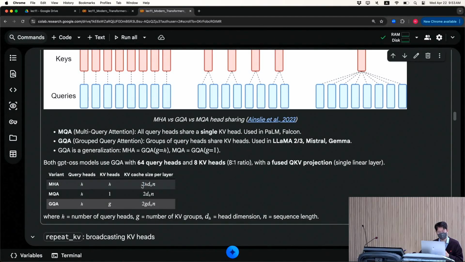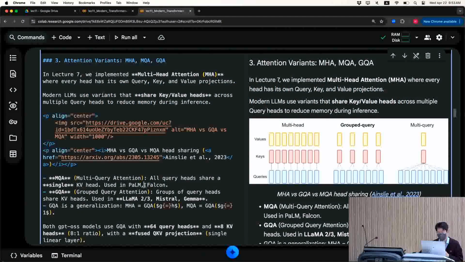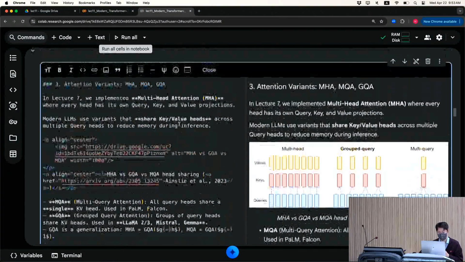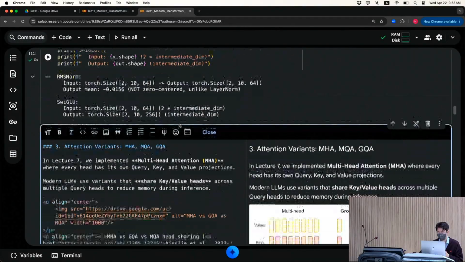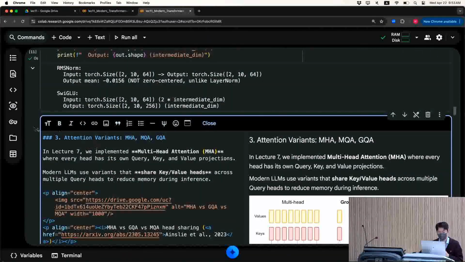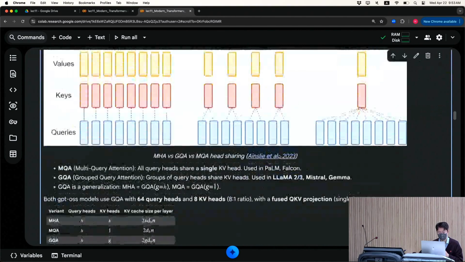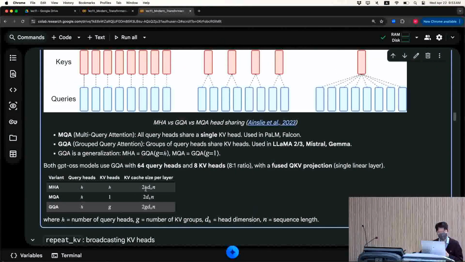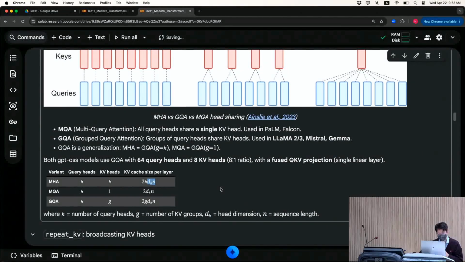So per each head, H, we have two things, one for the key, one for the value. And in each head, we have dimension times sequence length. Sequence length is the number of tokens.